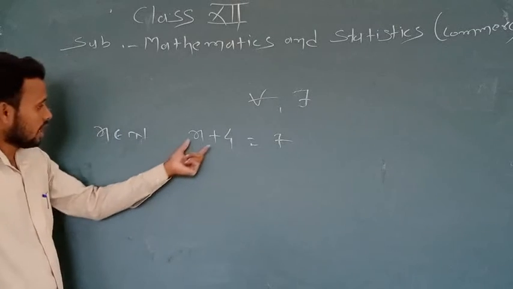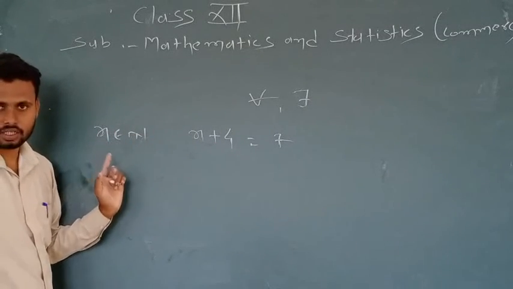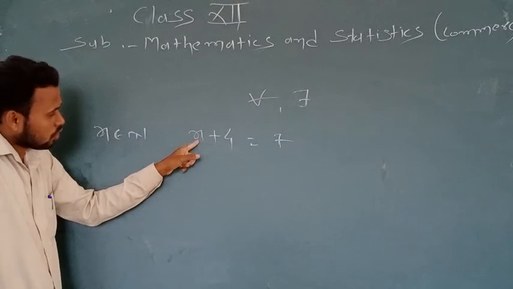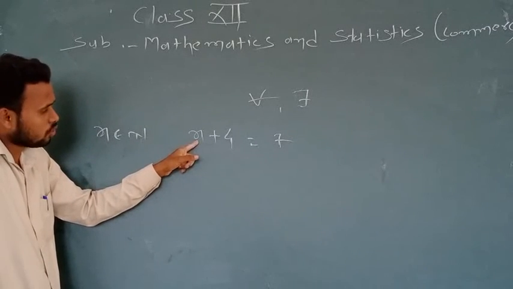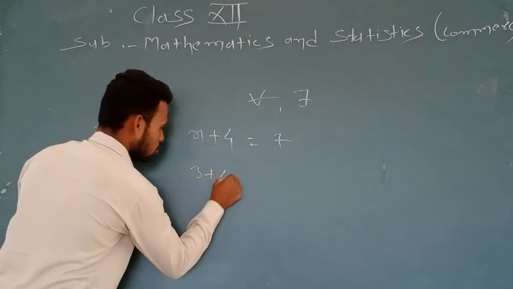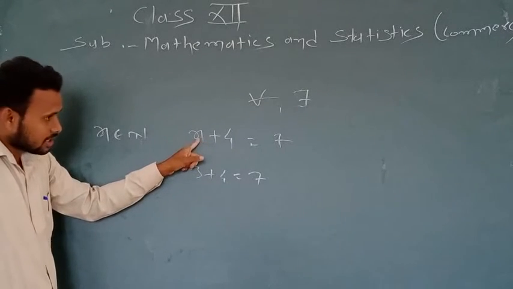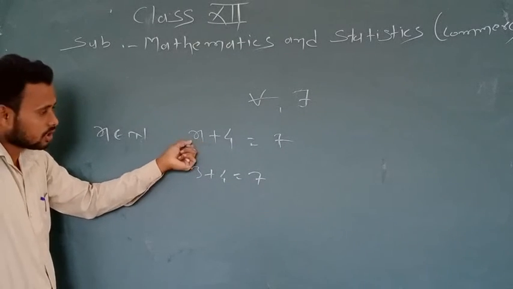Now here x plus 4 is equal to 7 and x belongs to the natural numbers. It is an open sentence. Now x ची व्हॅल्यू कोणता नॅचरल नंबर घेतल्यानंतर सॅटिस्फाईड होईल? x equal to, if we take 3, then this given equation is satisfied. For example, 3 plus 4 is equal to 7, so this equation is satisfied. म्हणजे x इक्वल टू 3 असेल तरच हे सॅटिस्फाईड होतं.